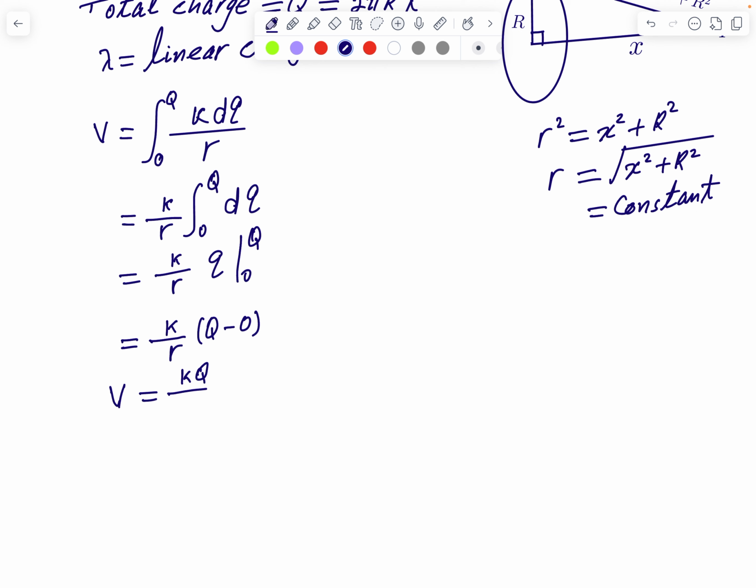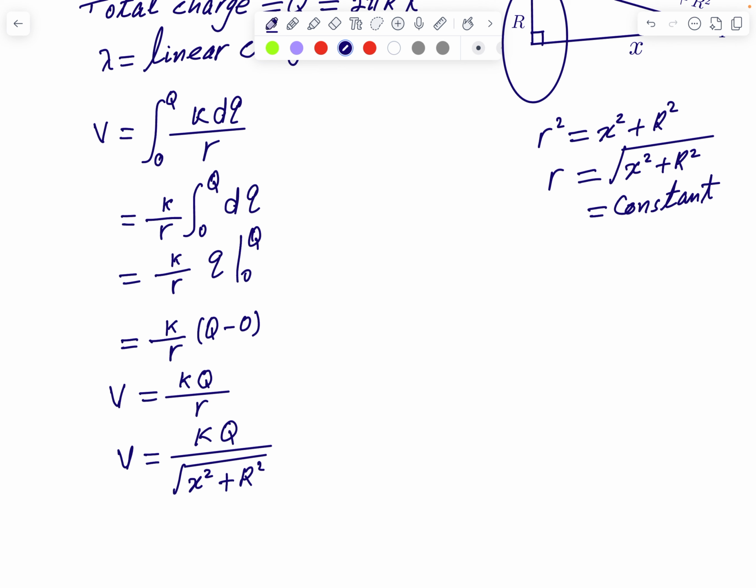Therefore, V is going to equal K big Q, which is the total charge, divided by r. And what is r in this case? This is K Q over the square root of x squared plus capital R squared.